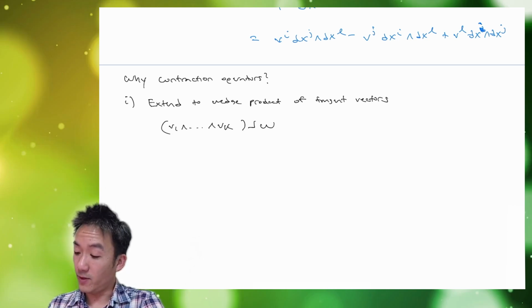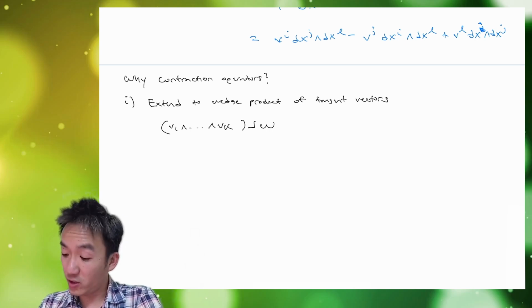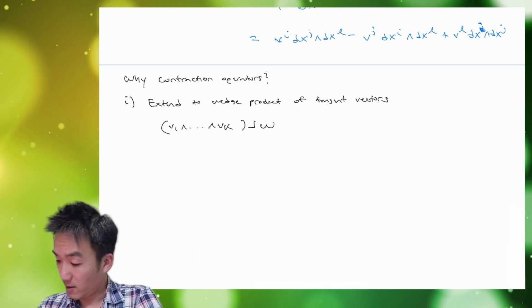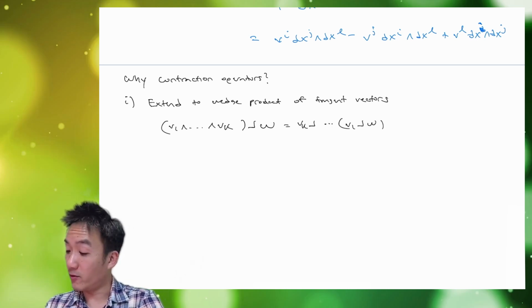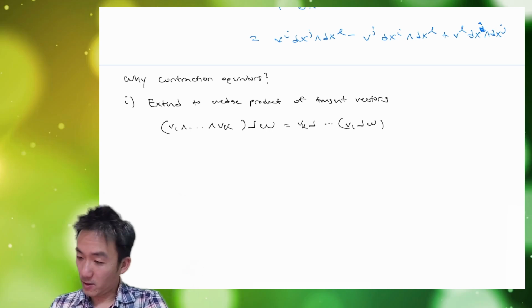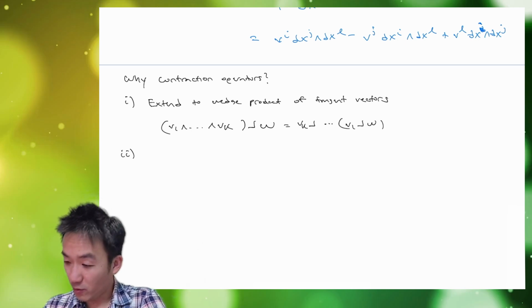Okay, so the vi's are all tangent vectors. And if I want to contract the wedge of k tangent vectors into some differential form omega of general degree, then I just go from left to right. So I just contract v1 into omega, and then so on up to vk. Okay, so I just contract from left to right. And okay, so that doesn't really answer the question. I just explained how you can generalize the contraction operator. But we're going to need this operation when we do integration.